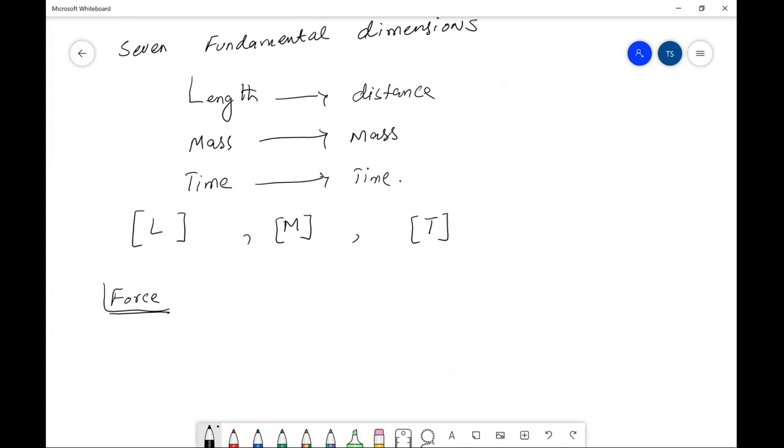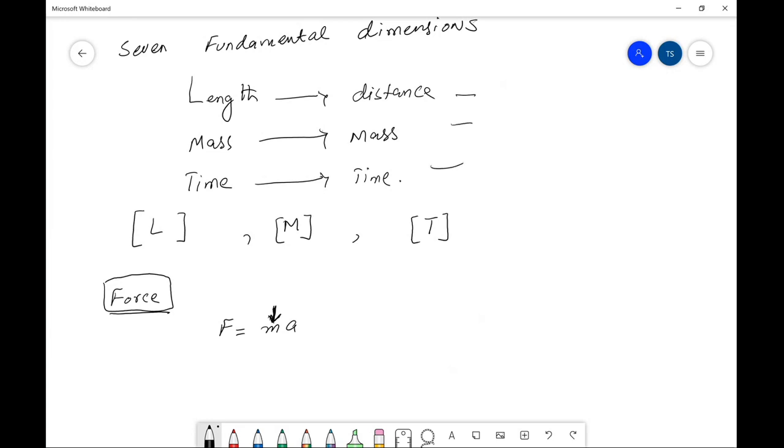To do the dimensional analysis, we must first establish a relationship or dependency of the particular formula or a particular parameter. So we know that the force is given by the second law of Newton, as in mass times acceleration. Then what we would do is we would check whether these two lie in one of them or not.